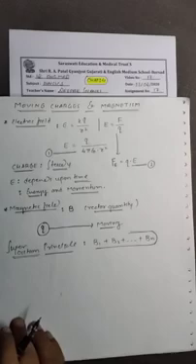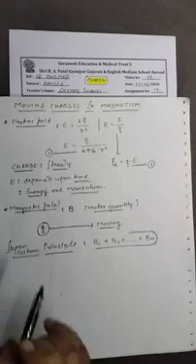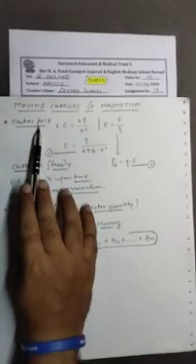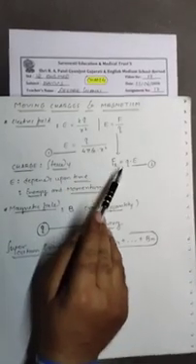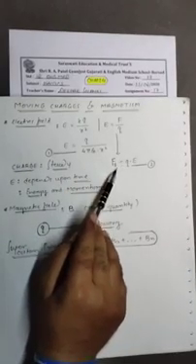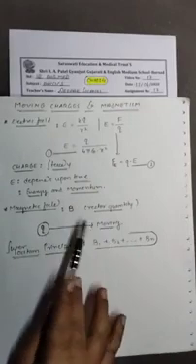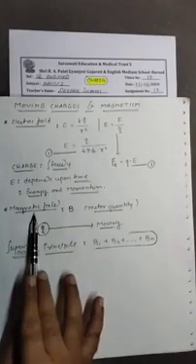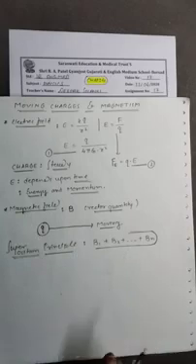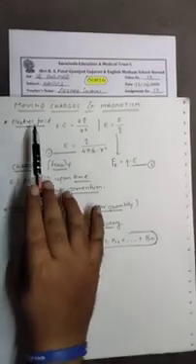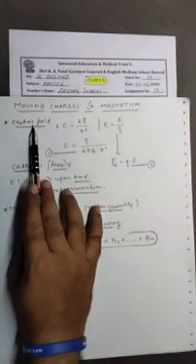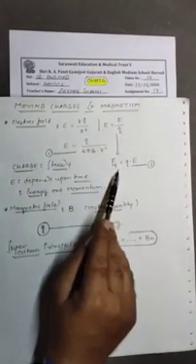Now let us see. If charge is steady, it has electric field, it has electric force, but when charge is moving, then the moving charge produces magnetic field. In which direction it produces, that we will see later on. But if there is an electric field, then there is electric force.